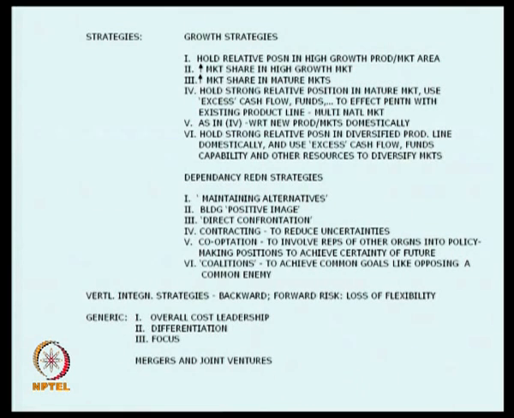What is likely to happen when you are going in for these vertical integration strategies? There is a risk that is involved, that is, you may lose the flexibility of operations. What do we mean by losing the flexibility of operations? Backward linkages means you take charge of your supply line.